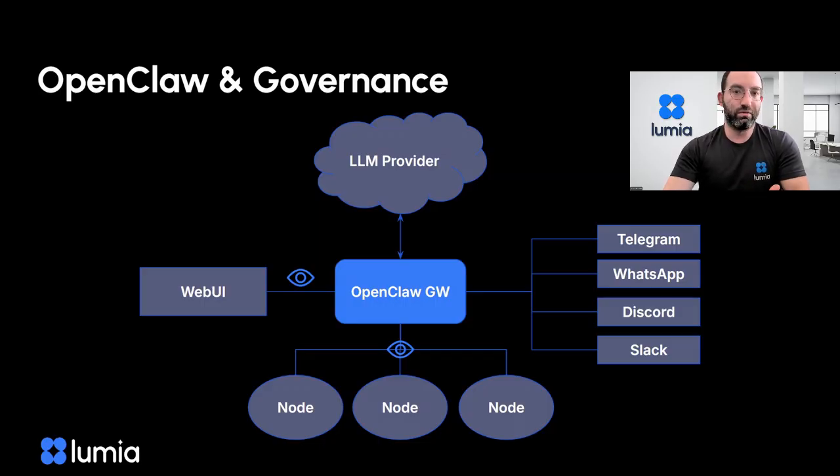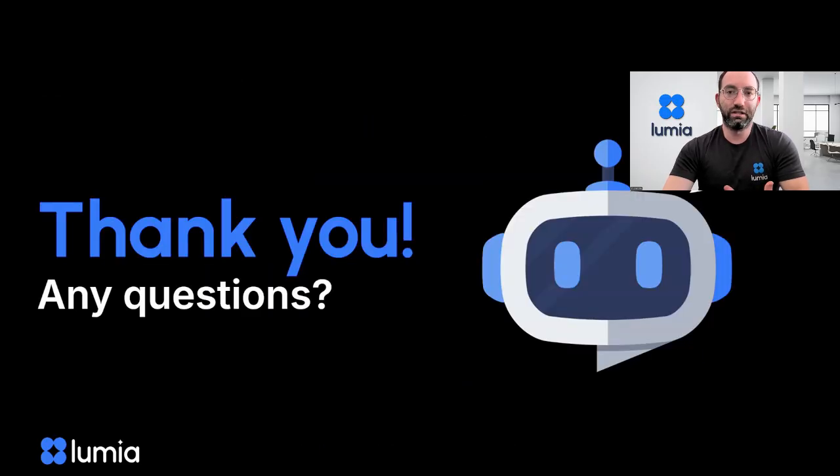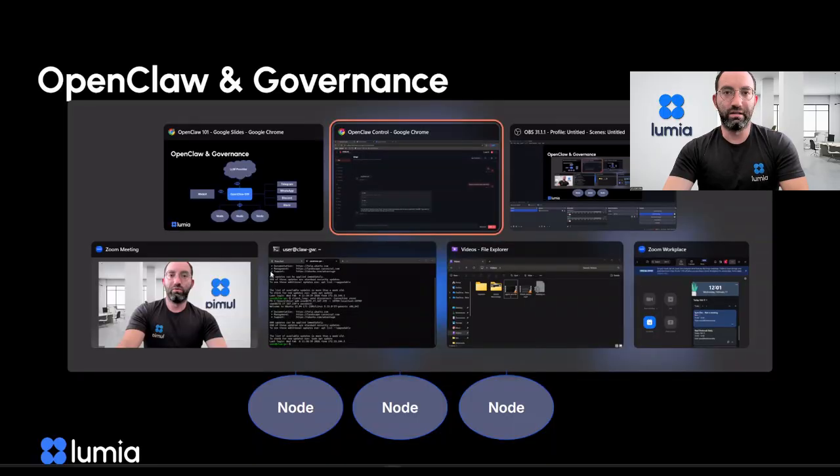We can also potentially see traffic between the web UI and the gateway, which is also over a WebSocket. And if the gateway is installed in our network, we should have visibility between it and the LLM provider. That's the bread and butter of the operation, and if we can intervene there, then we can control what the agent does and manage it more effectively.